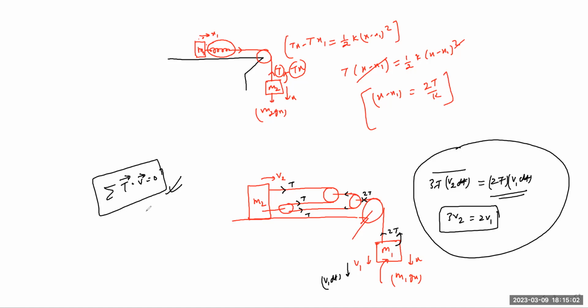Now, if you apply it directly, what will you write? 3T V2 cos 0, because the angle is the same, plus 2T V1 cos 180, because the angle is 180, right? And if you make it 0, we'll get 3V2 minus 2V1 equals 0. So this is what you do generally, correct?